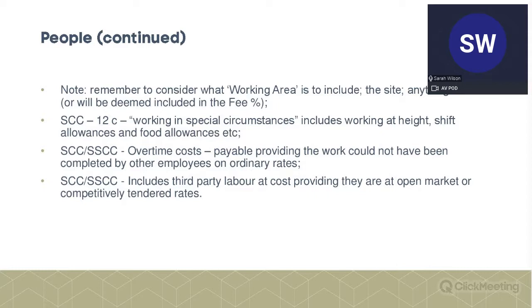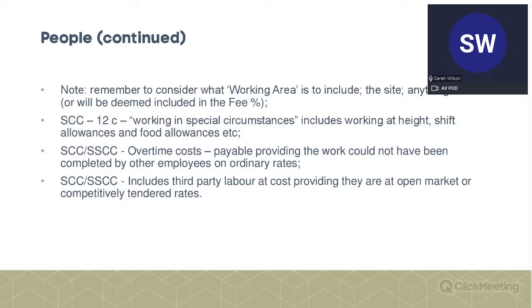I've already noted the next bullet point. The schedule of cost components refers to 12C. Now, just a note about this numbering. We've seen this people is the first item, so it's number 1 in the schedule of cost components. And then we always have this slightly odd numbering in NEC.